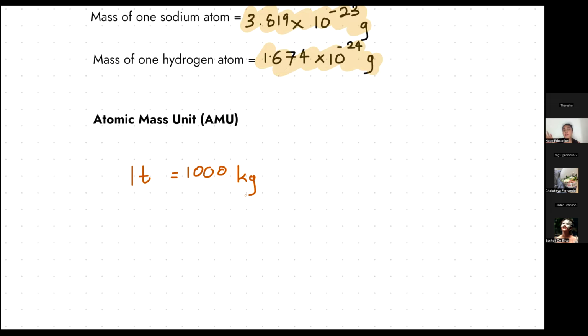But if somebody comes and tells you, you don't understand ton, but actually 1 ton is 1000 kilograms. Now kilograms is something that you know.